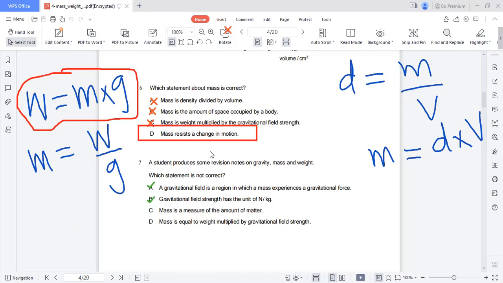Mass is actually the quantity of matter or amount of matter in a body. It's also correct. Mass is equal to weight multiplied by gravitational field. No, this option is incorrect because mass is weight divided by gravitational field strength. So this option is the only incorrect option.